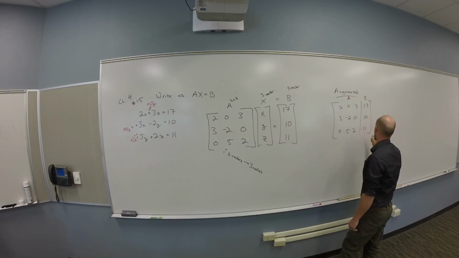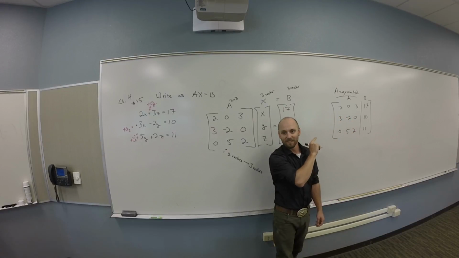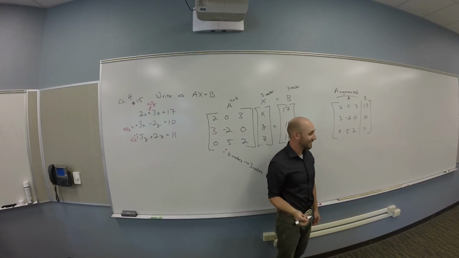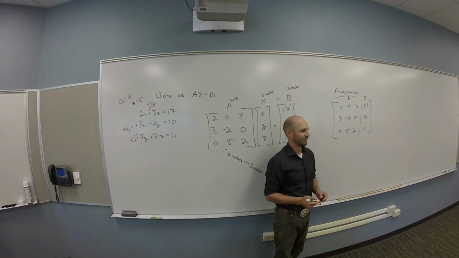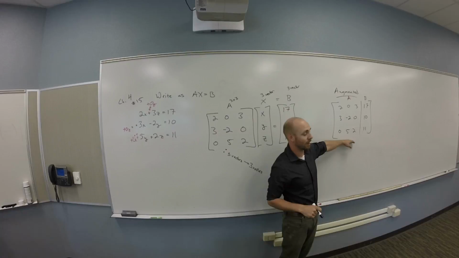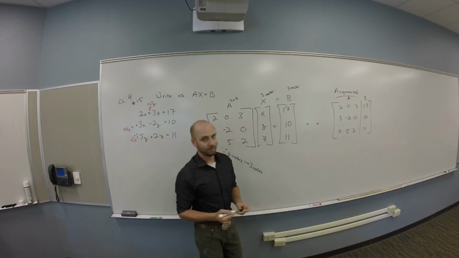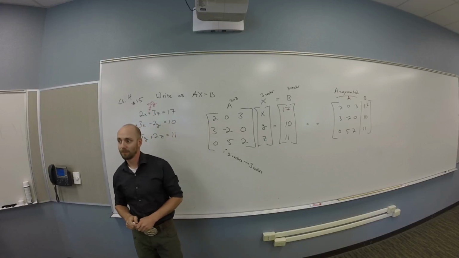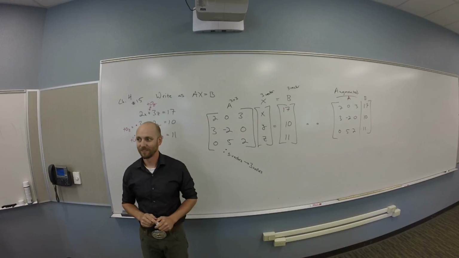This one's faster to write. I'm going to do the exact same thing to solve them. When I actually want to solve one of these, this is what I'm going to do. But what I'm thinking when I write down the augmented matrix is really this thing. Where do you count for the x, y, and z on the augmented one? Good. At the end.